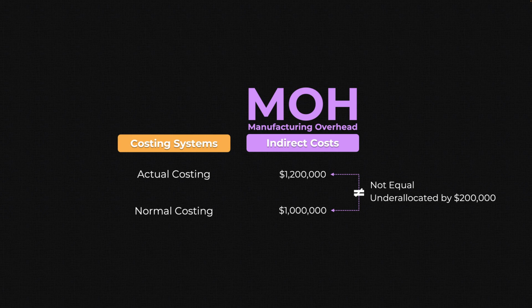Now, if you are more accounting-oriented, you might prefer this to be presented in a different way. Let's use some T accounts. On the left, we can create a T account and call that MOH control, which is a fancy word for the actual manufacturing overhead incurred. Things like rent, depreciation, property taxes, insurance, etc., are all totaled, and it equals $1.2 million.